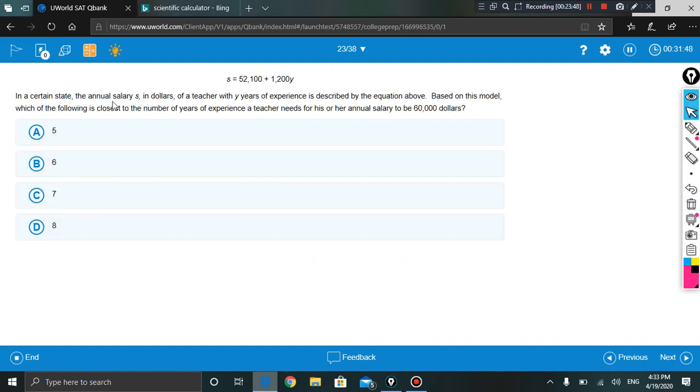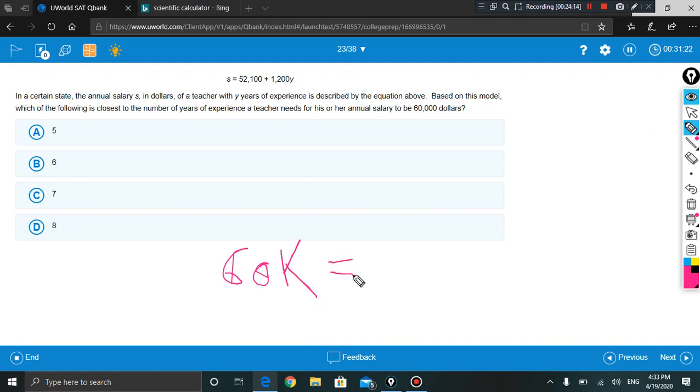In a certain state. Okay, that's a normal equation. So set S equal to 60,000. 60k, I'm gonna write 60k. K is not a variable, I mean 1000.